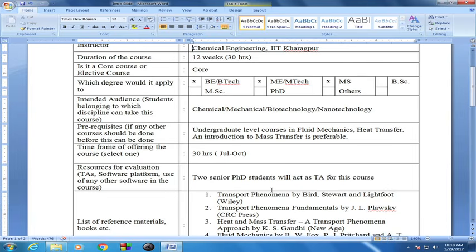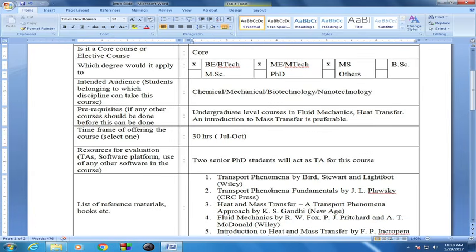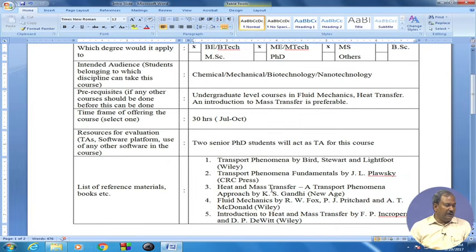So, this course is primarily designed for senior undergraduate students, final year undergraduate students, and it would also be of relevance to master's students, MS and so on. Initially I have written down the disciplines in which this course would be relevant: chemical, mechanical, biotechnology and nanotechnology, but there would be several applications in other areas of engineering which would use the same concepts as I am going to cover in this course.